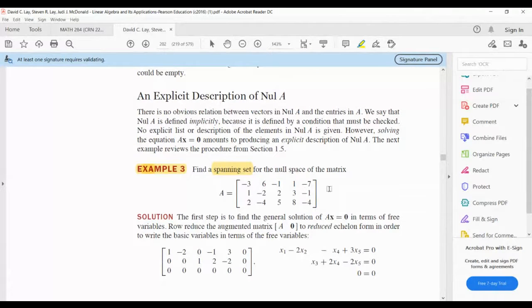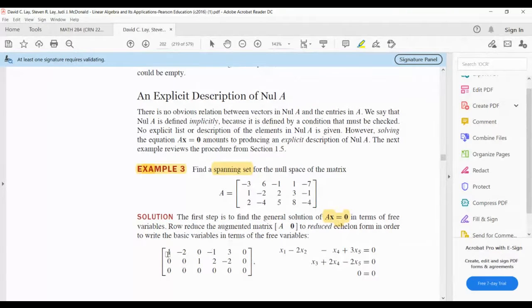This matrix has 3 rows and 5 columns, a 3 by 5 matrix. And so what we need to do is find the solution set to AX equals 0.